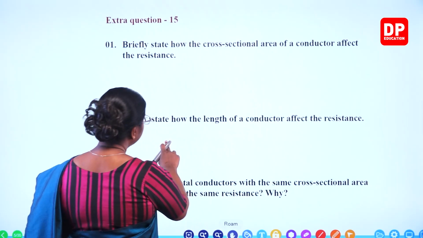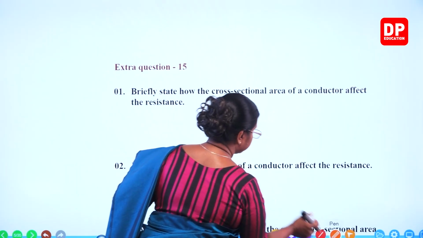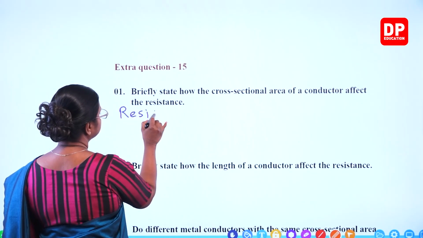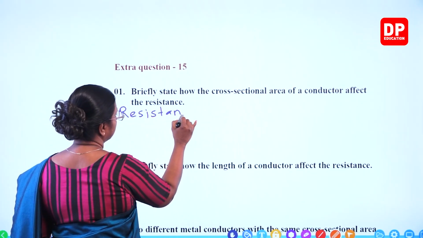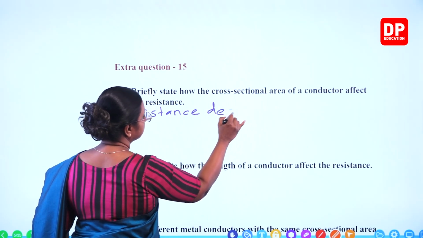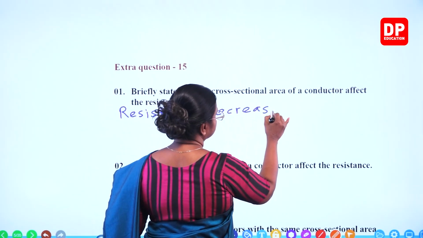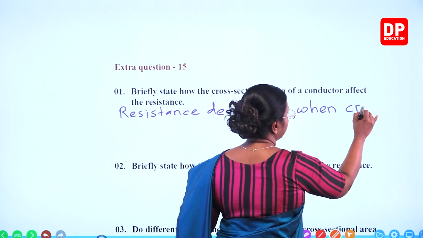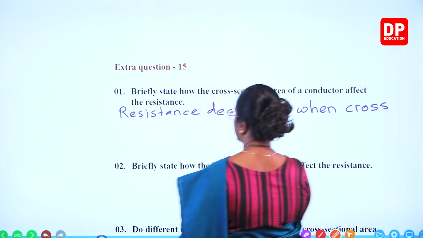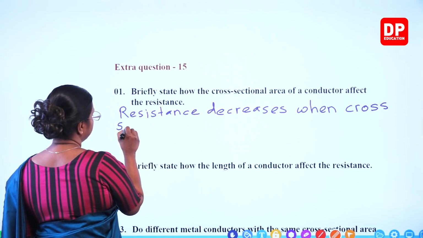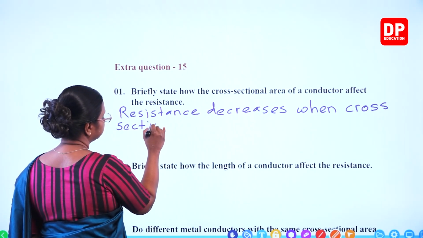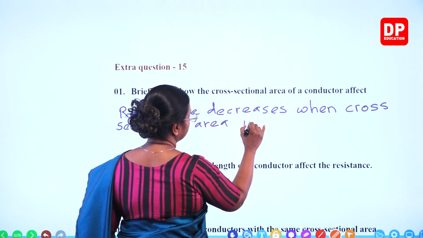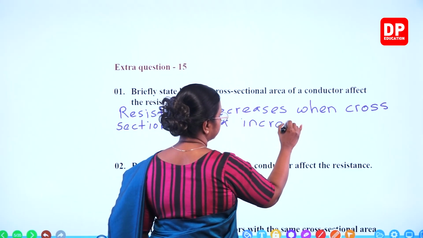So, we can write: resistance decreases when cross-sectional area increases.